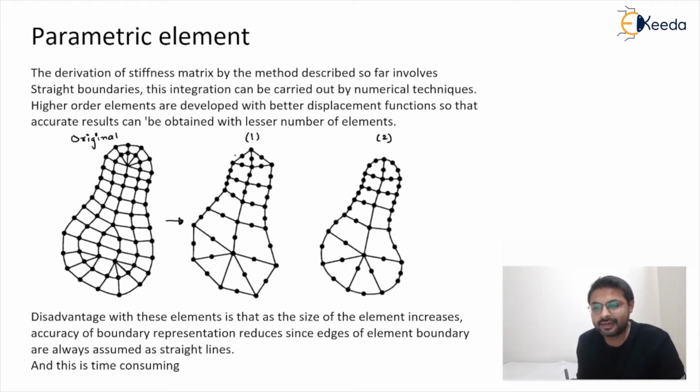So we are not getting an accurate answer if we use this method, or we use a combination of triangular elements as well as rectangular elements. In the first meshing, the number of elements is lesser, but the size is bigger.